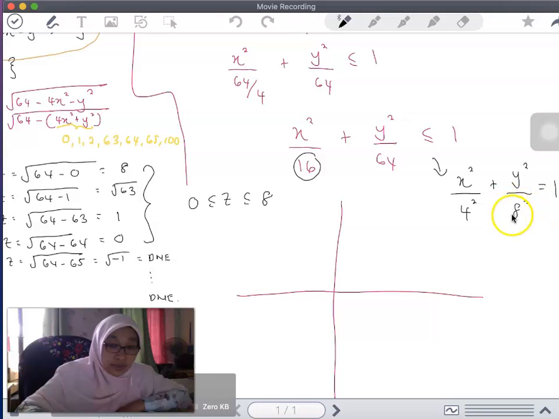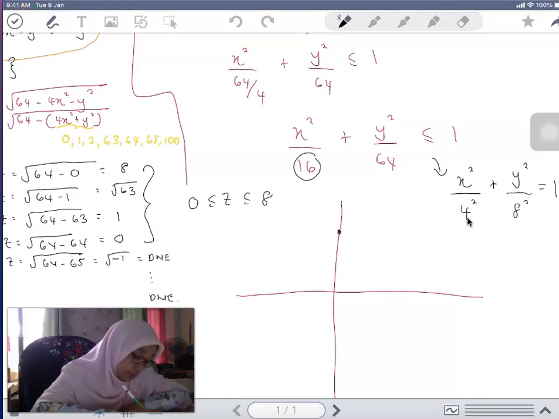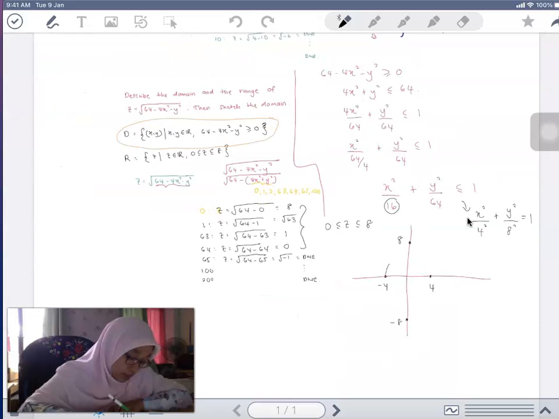So the length on the y-axis is 8 and the length on the x-axis is 4. So 8 and this one 4, and this one minus 4, and this one minus 8. And then you sketch the ellipse. Okay, that is your ellipse.